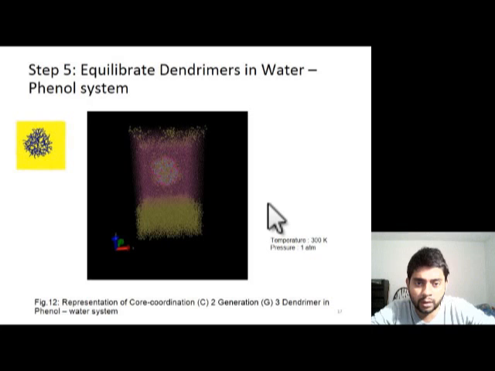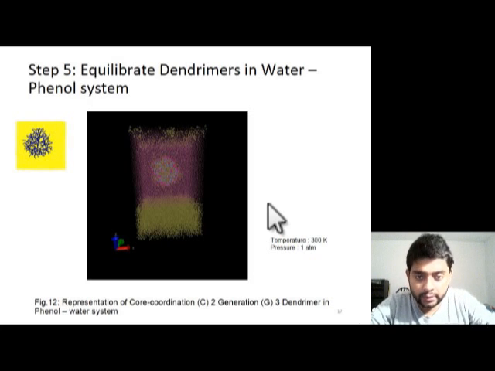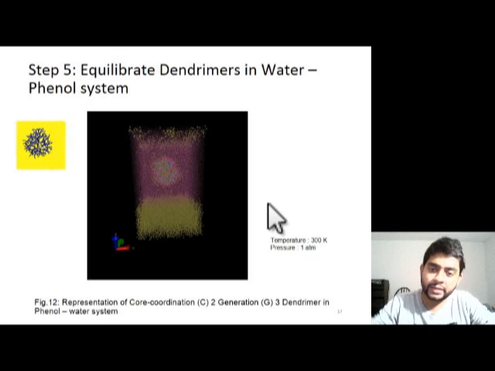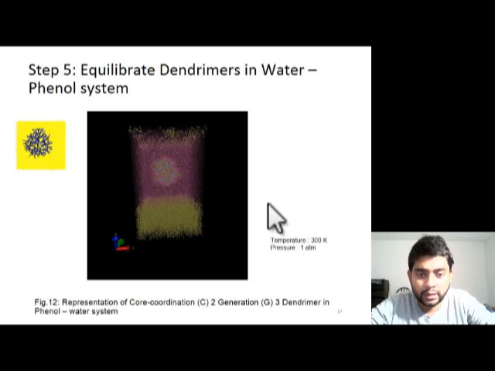Most importantly, this is our setup to determine how much drug can be captured inside the dendrimer molecule. We use phenol as our drug molecule because phenol has a fast diffusion rate and intermediate hydrophobicity similar to many drug molecules. We placed the dendrimer with equilibrated drug molecules inside this water box, and this water box was also saturated by a bottom phenol layer.